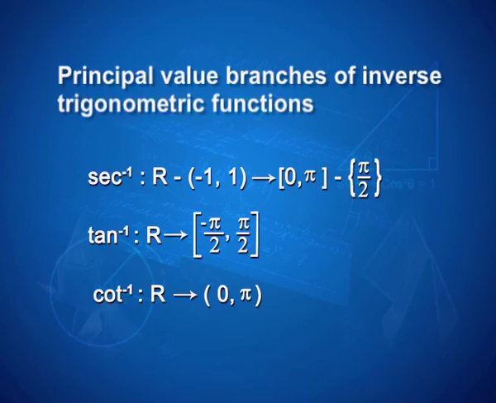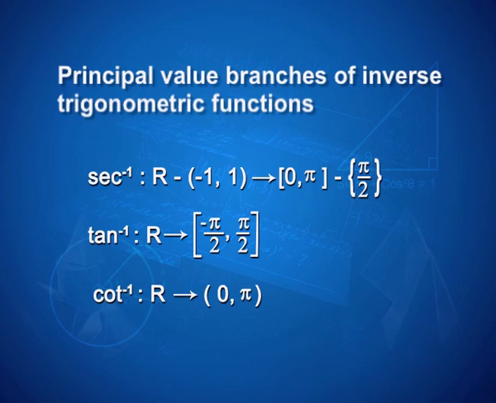Similarly, when we talk about tan inverse, it will be defined from all real numbers to the open interval minus pi by 2 to pi by 2, because again all odd multiples of pi by 2 are not in the domain of tan, and therefore, when I talk about the principal value branch of tan inverse, the range will be an open interval minus pi by 2 to pi by 2.